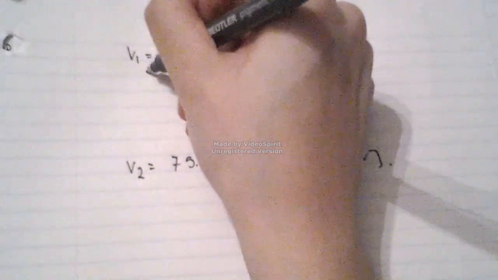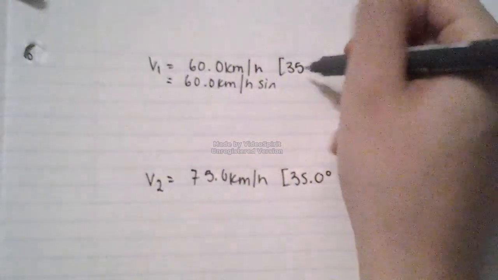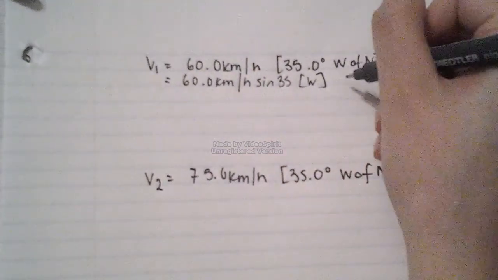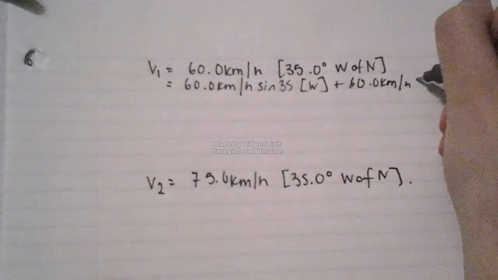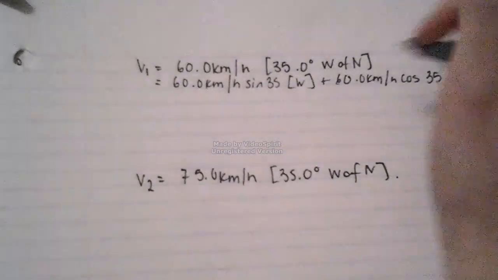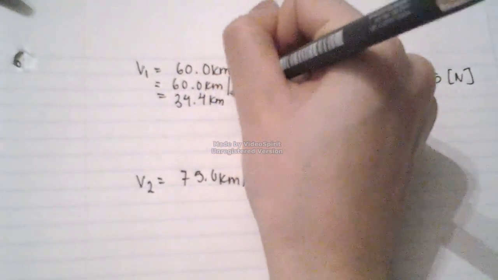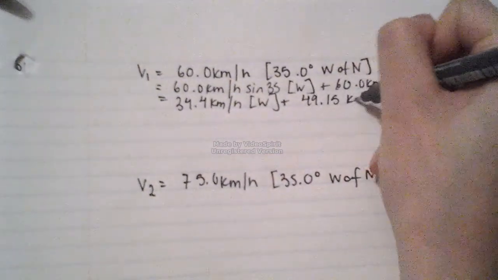So let's begin. We're going to separate our first velocity into two separate vectors. This becomes 60 kilometers an hour sine 35 west plus 60 kilometers an hour cos 35 north, which is equal to 34.4 kilometers an hour west plus 49.15 kilometers an hour north.